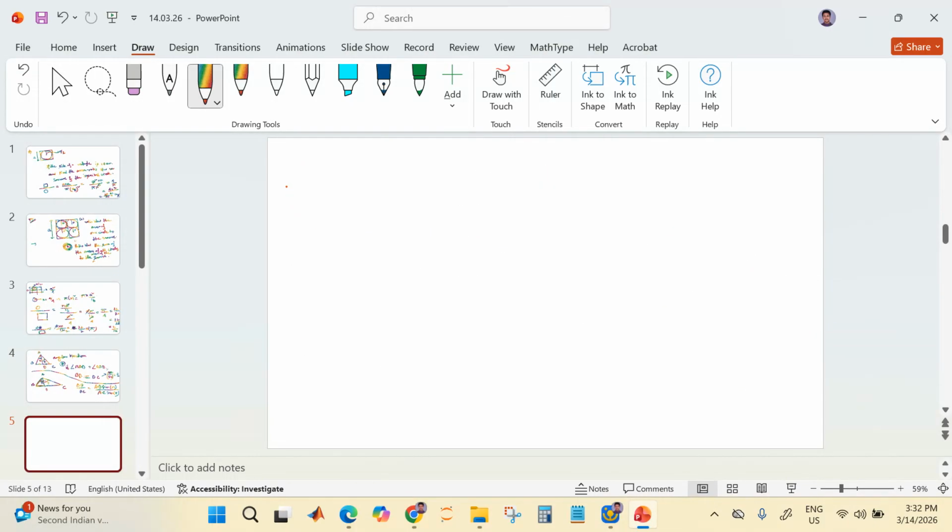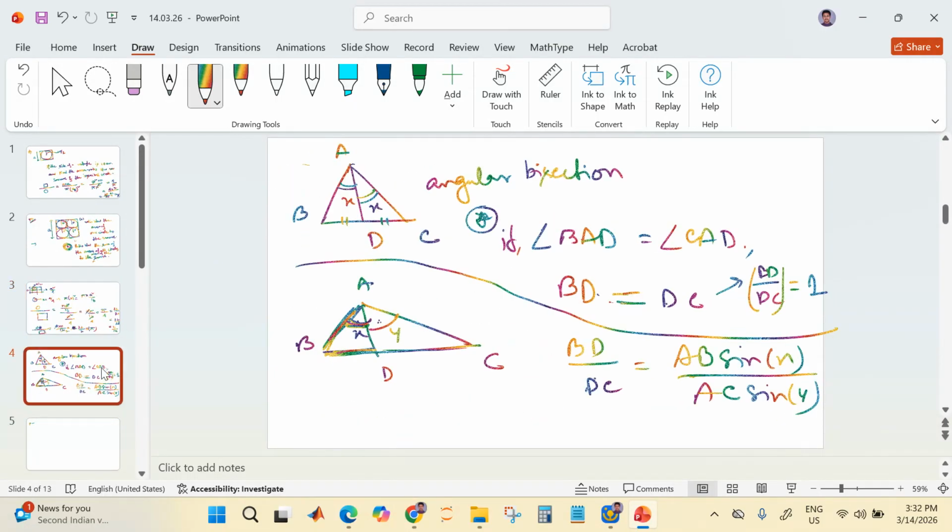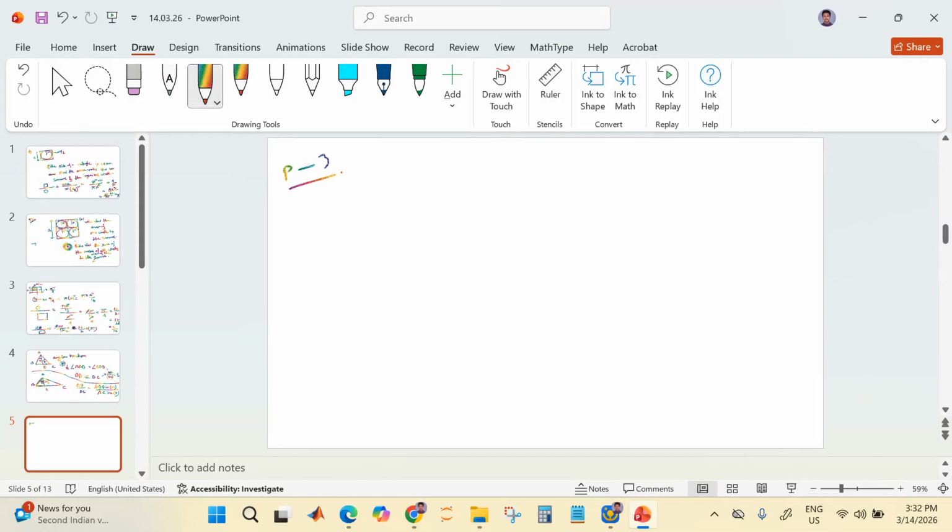So if I frame one numeric, suppose problem number 3 for today.